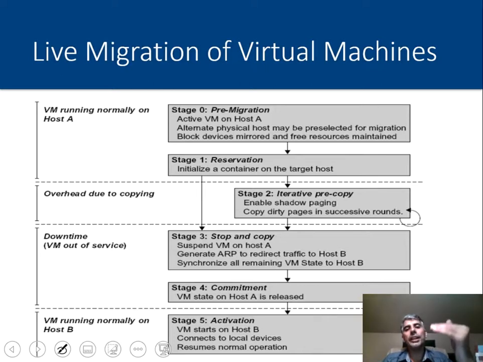While this operation is being done and copying all the pages of the VM to the destination machine, it is possible that in this interval of copying, some pages get dirty, meaning they get written on. So we have to update those pages that have got dirty, which means they have got changed.